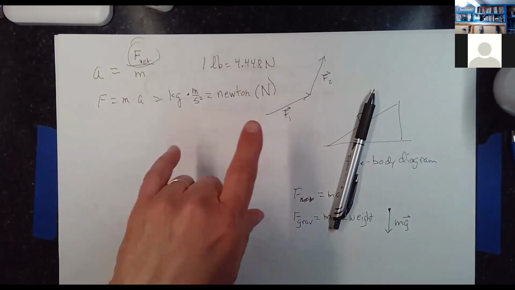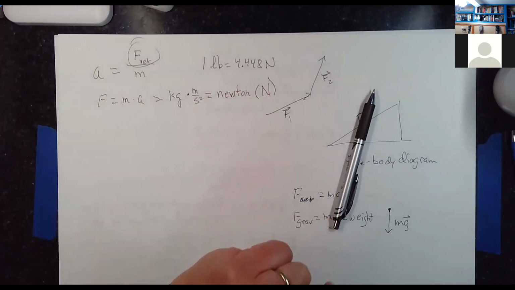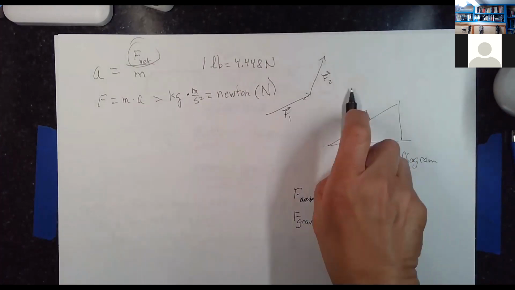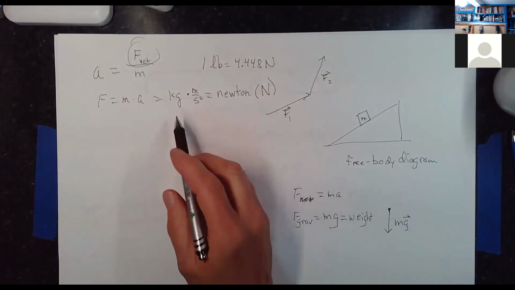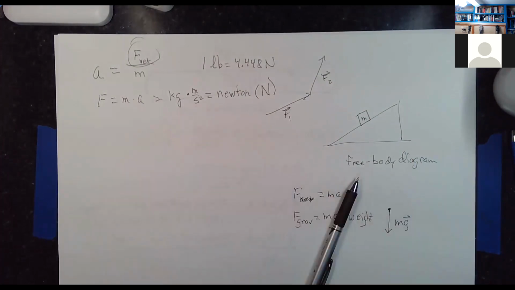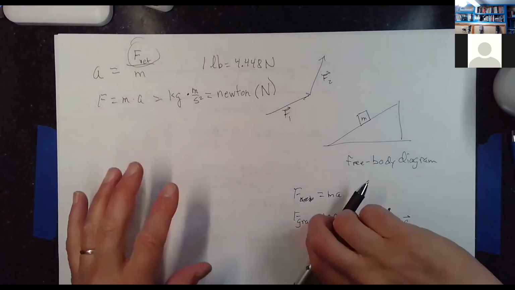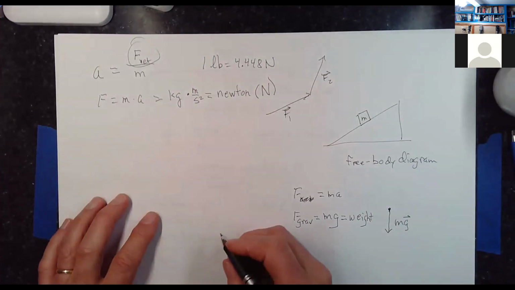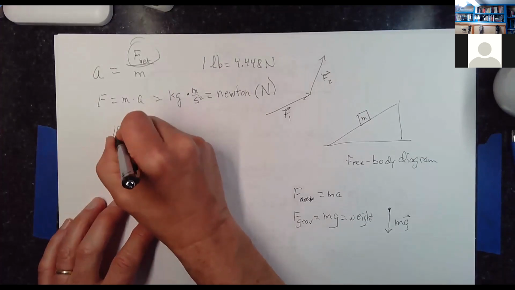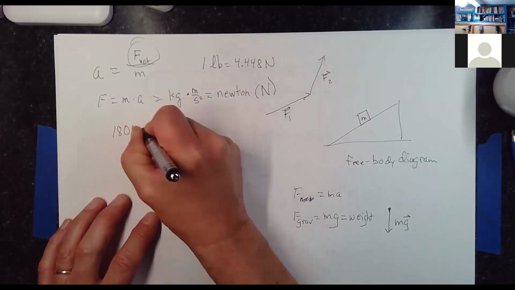So, interesting thing, in countries that use the metric system, when you get your weight, they don't actually give you your weight. They give you your mass in kilograms. And I suspect there's a reason for that. Let me show you. Let's suppose somebody weighs 180 pounds. That happens to be their weight.